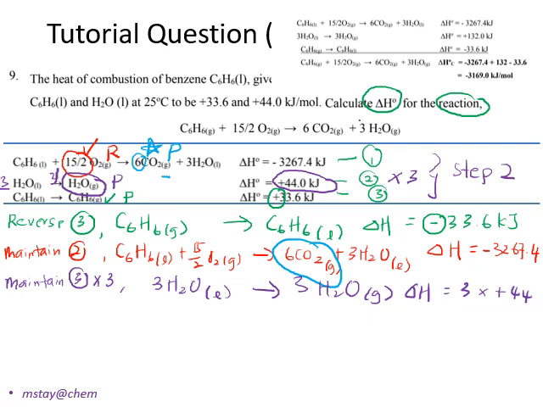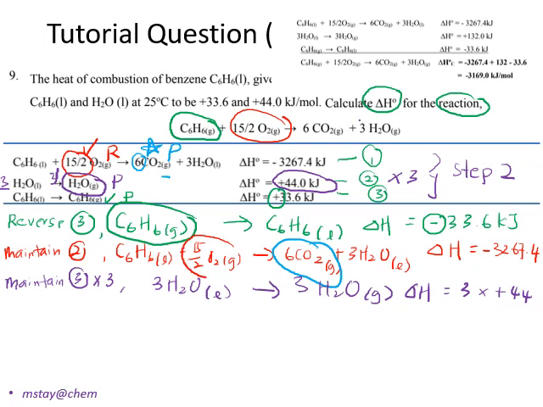Okay, so now according to this question, this is the chemical reaction that we need to determine. We need 1 mole of benzene gas, so we circle this first. And then we need 15/2 mole of oxygen gas as the reactant.